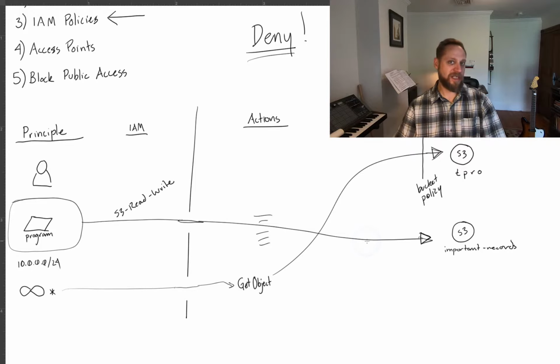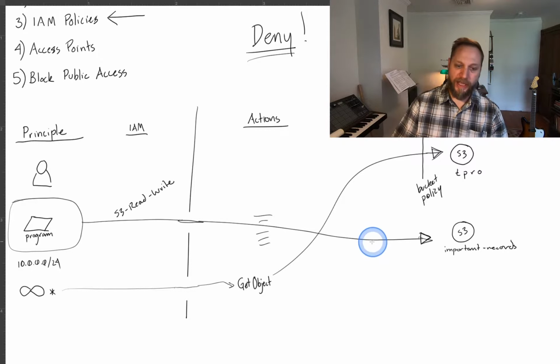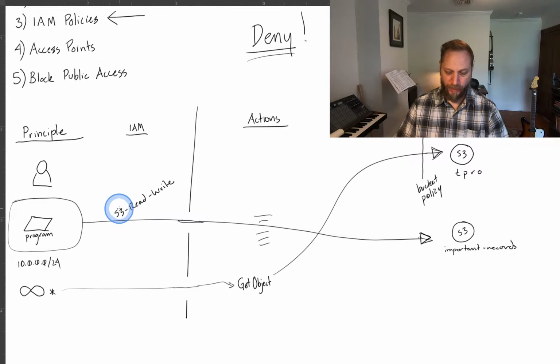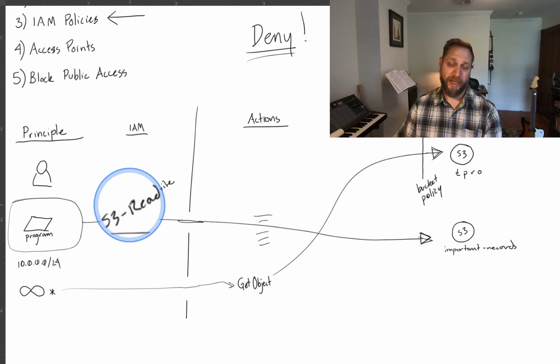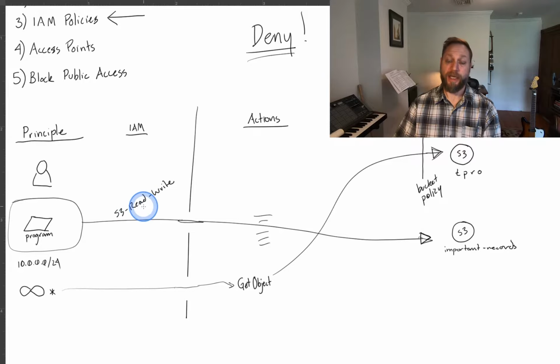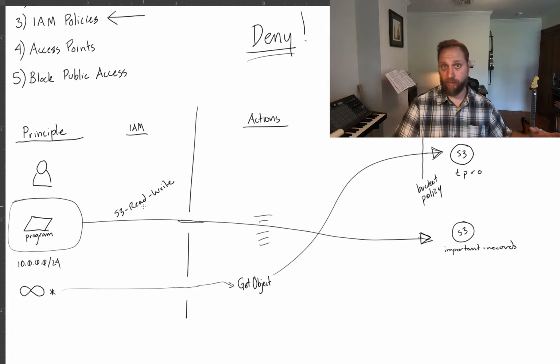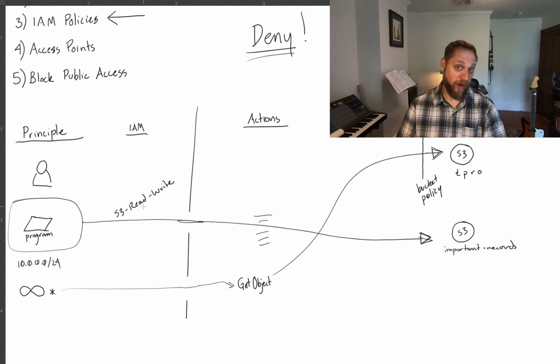So the way we did this is we created an IAM role called S3 read write. Here I'm highlighting it on the screen. And S3 read write says anyone who has this IAM role can talk to anything in S3 with this list of actions. In this case, it's things like list and read and write actions, hence S3 read write.